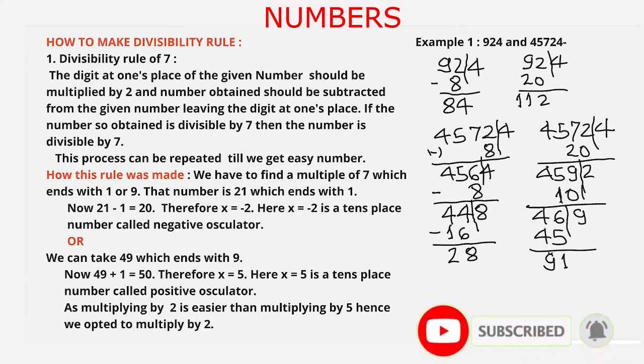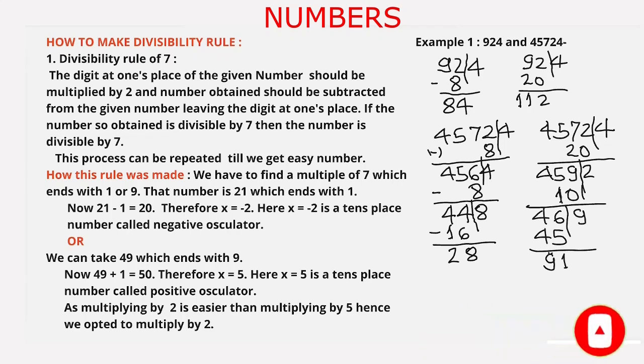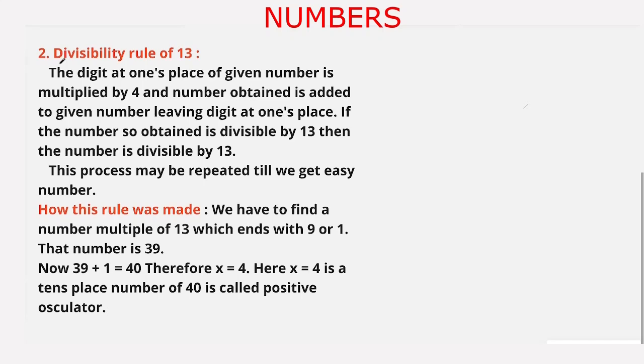Now we will make the divisibility rule of next prime number 13. Point 2. Divisibility rule of 13. The digit at ones place of given number is multiplied by 4 and number obtained is added to given number, leaving digit at ones place.